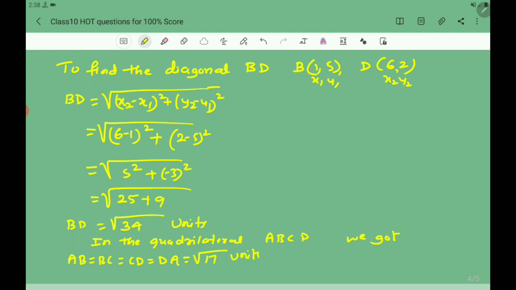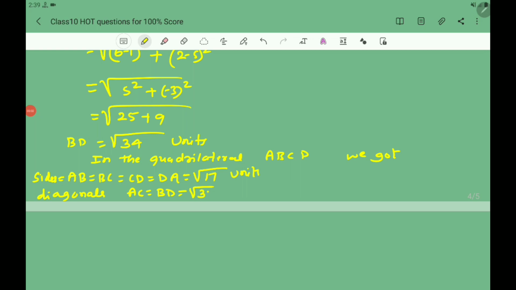And the diagonals, AC equals BD, both are equal to square root of 34 units.